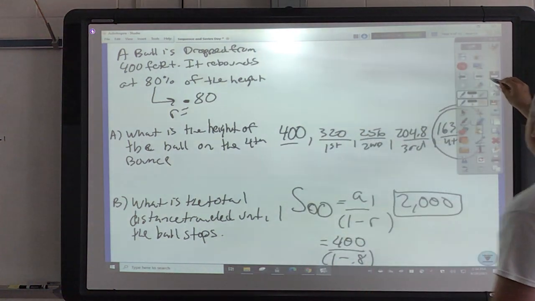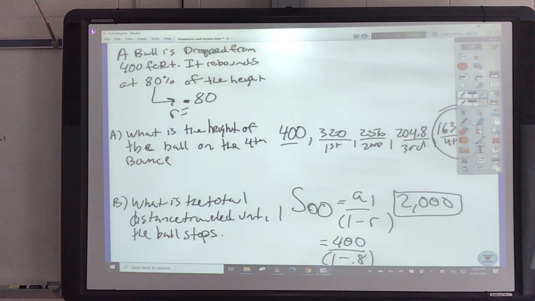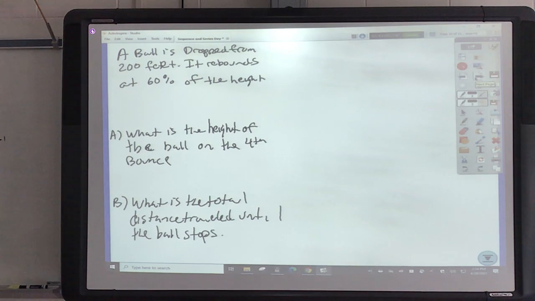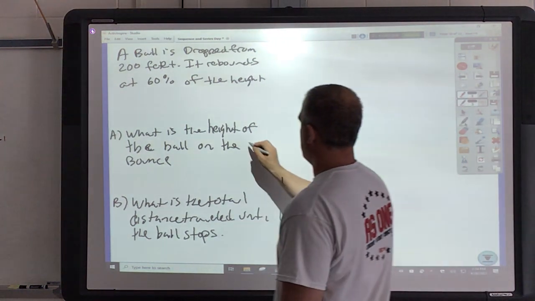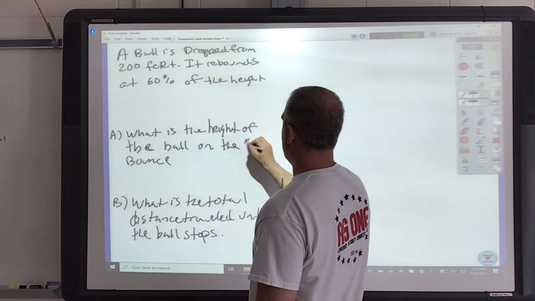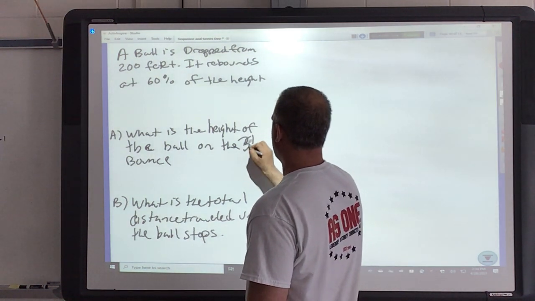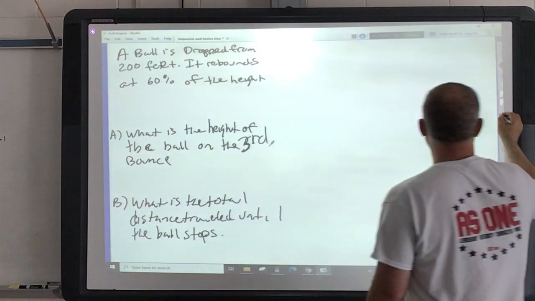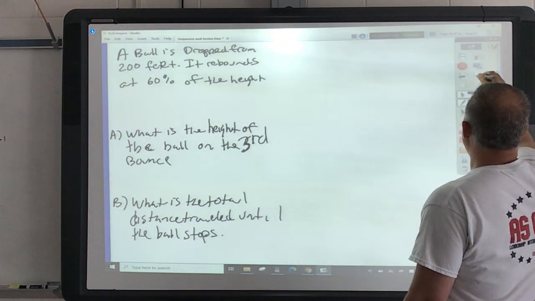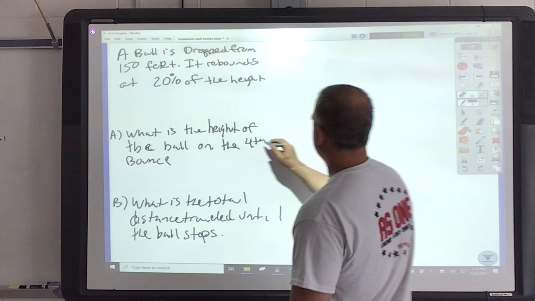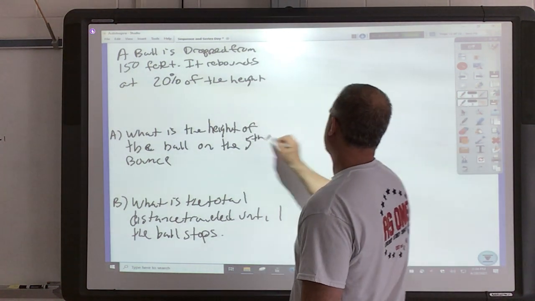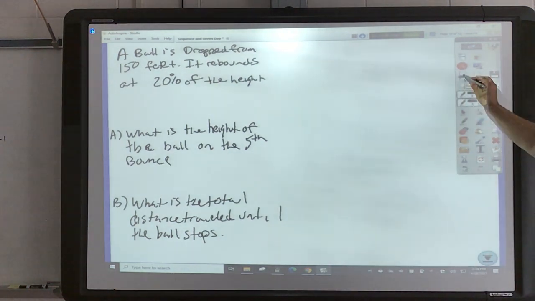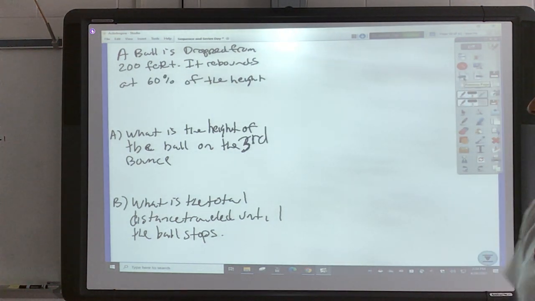Let's do another one of those together just so we practice that pretty good. We'll do the 3rd bounce here, and the one I asked you to do, we'll do the 5th. So a ball is dropped from 200 feet at 60%.